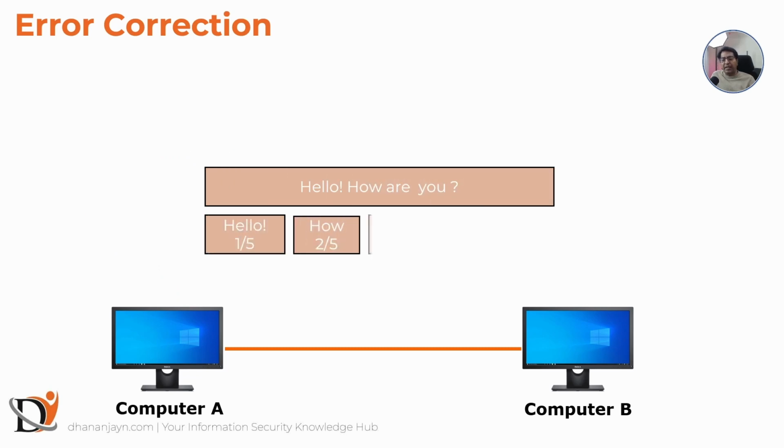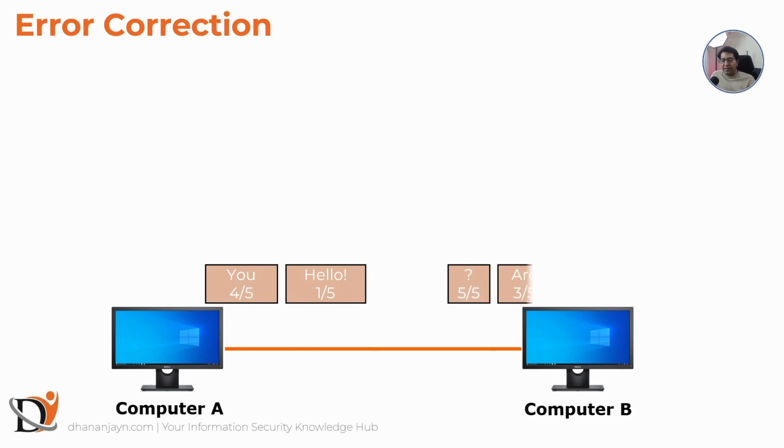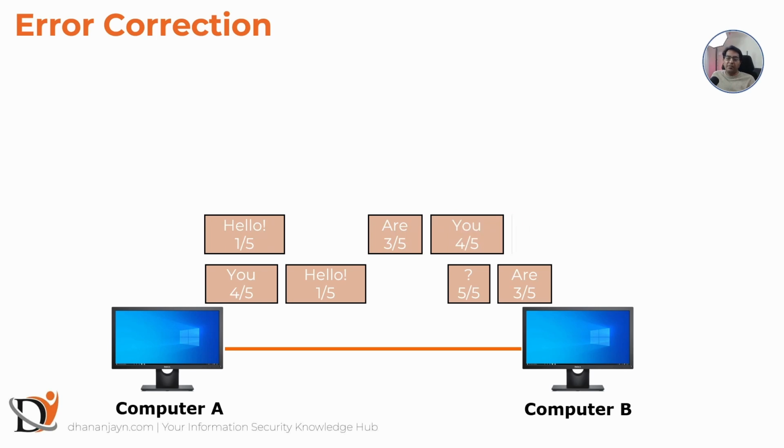So example again, the user is sending the data, segments are created and transmitted, the segments are received, but this time there is one segment which is missing.